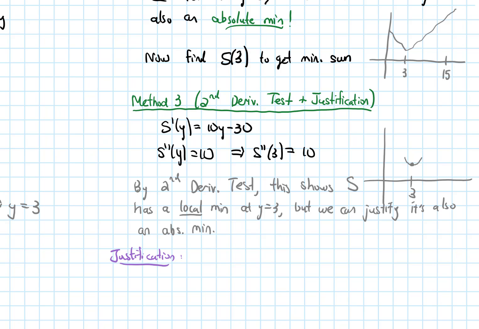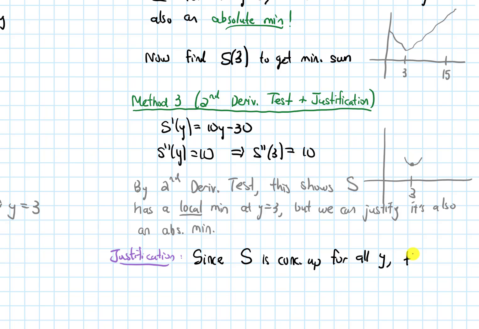And the way I do this is I will say, since the second derivative of my function s was just 10 the whole way, for every single number I plug in, it's going to be 10, which is positive. So my function is concave up for all values of y.